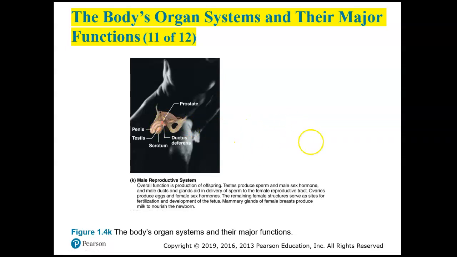And the two primary functions would be to produce offspring, to fertilize eggs, and then also to produce what we call the male secondary sex characteristics. So the characteristics that define a male's maleness, I guess you would say.